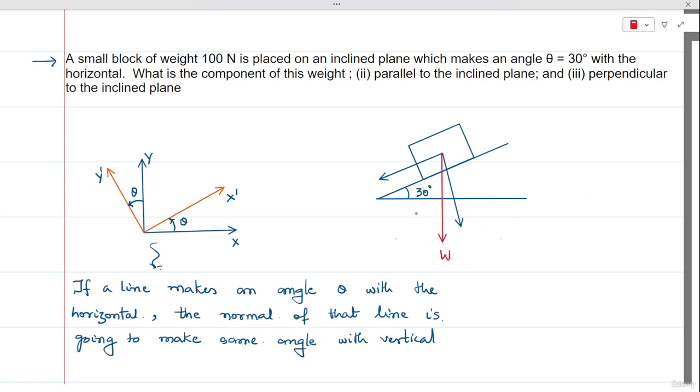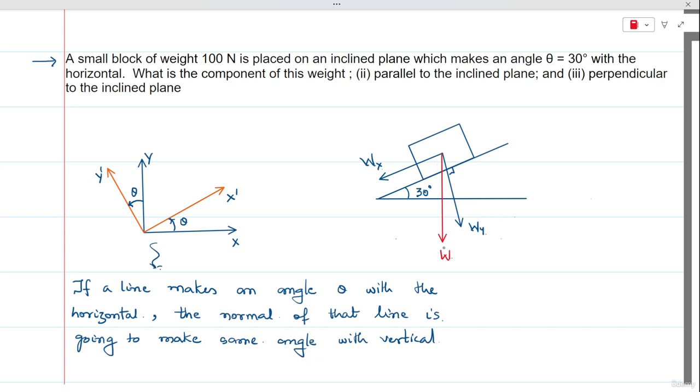So we find that 30 degrees is made with the horizontal. So the normal to that inclined plane is this force. Let us write it as Wy and let us write this as Wx. So the normal to the inclined plane is actually represented by Wy and W is the vertical.